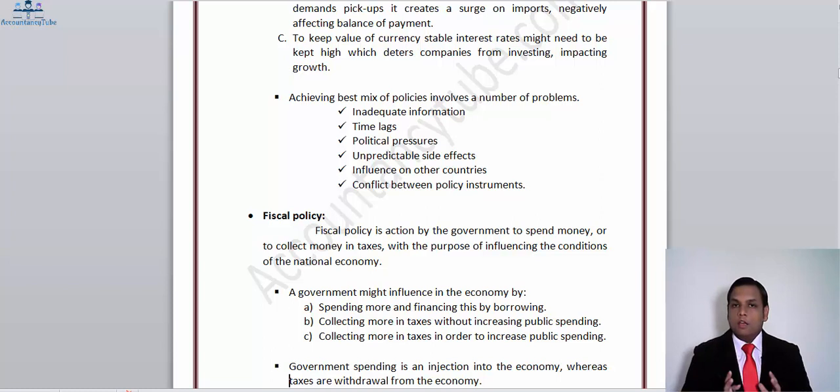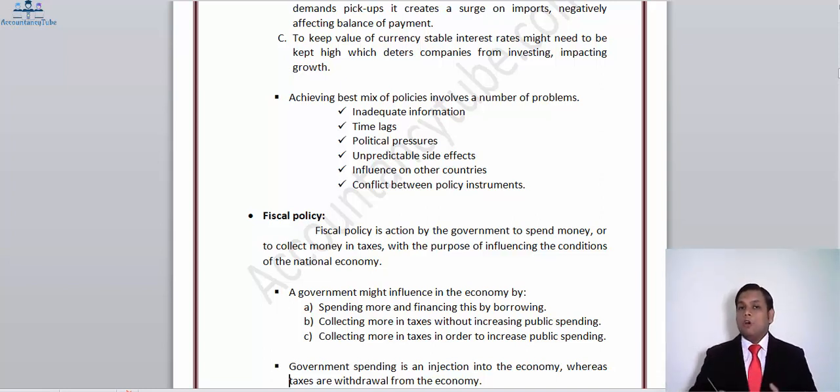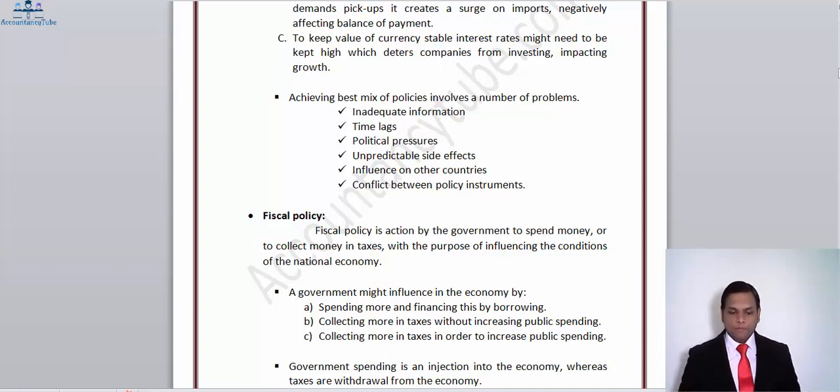So most countries around the world import their toys from China. Toy prices will start to increase because of economic decisions taken by a government which is not even their own country's government. So irrespective of which part of the world you live in, there will always be an impact of the economic policy of one country on another. We live in a global village now. Then there is conflict between policy instruments, as I've just explained earlier.